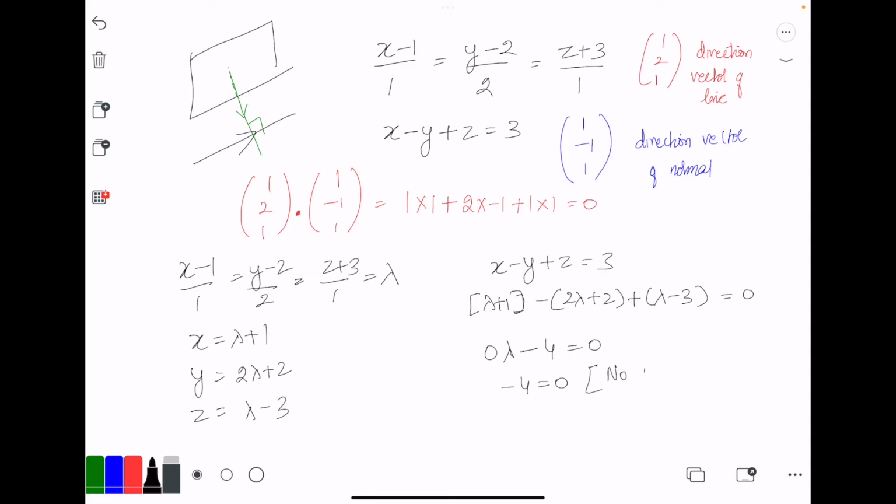This means there is no unique solution for lambda. This occurs because there is no point of intersection. They are parallel to each other.